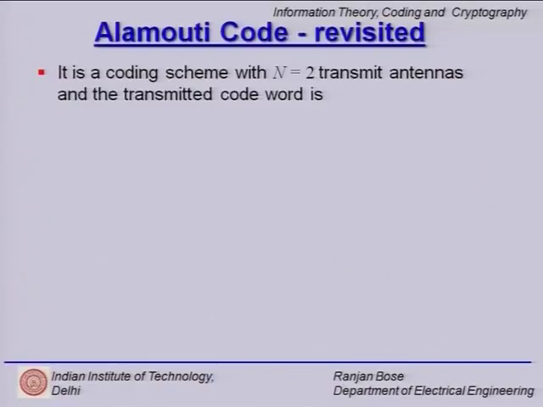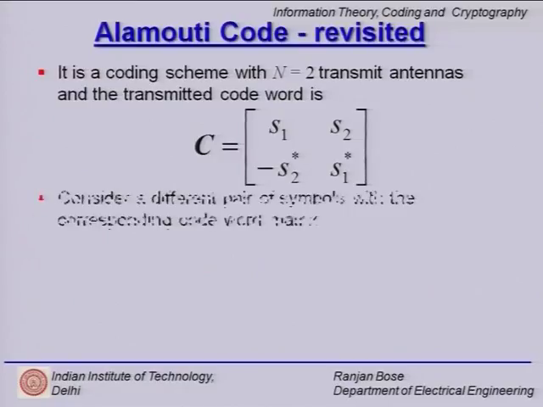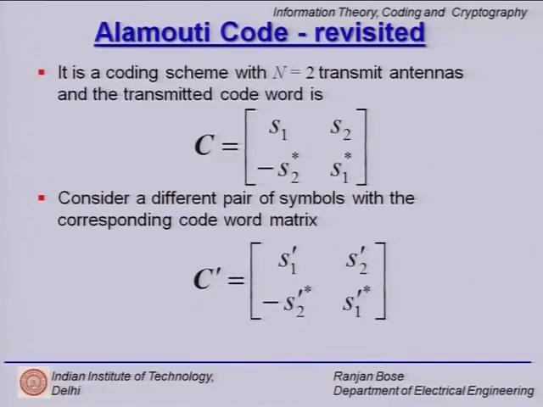We have seen that there are two transmit antennas, so n equal to 2, and the code word we have seen earlier. Now, let us consider a different pair of symbols with the corresponding code word matrix C prime.